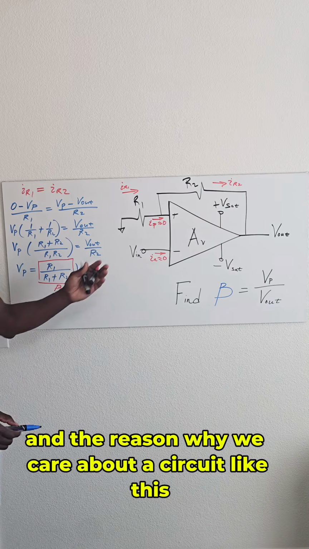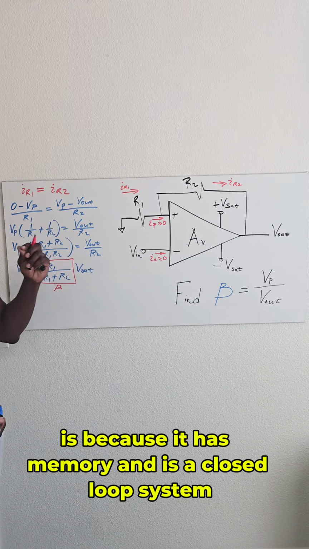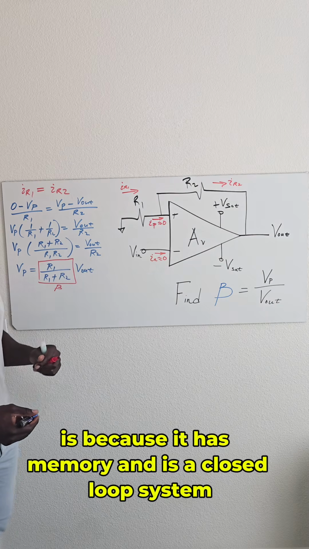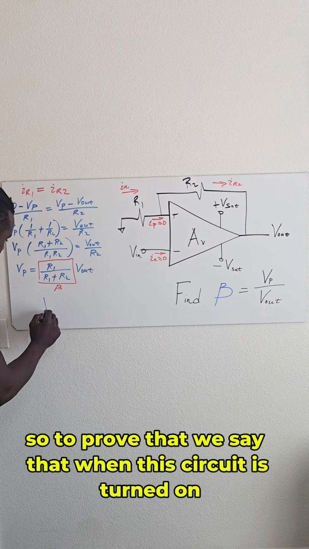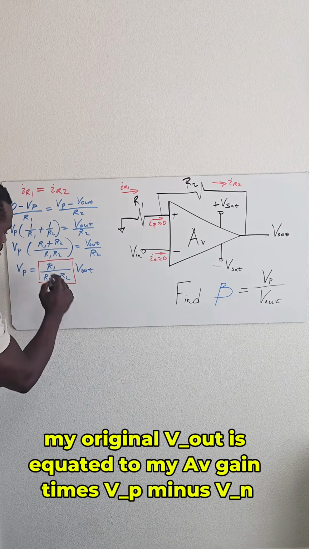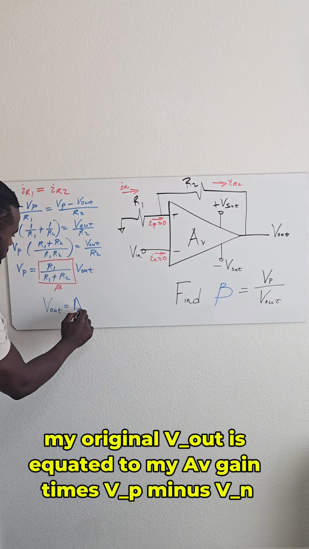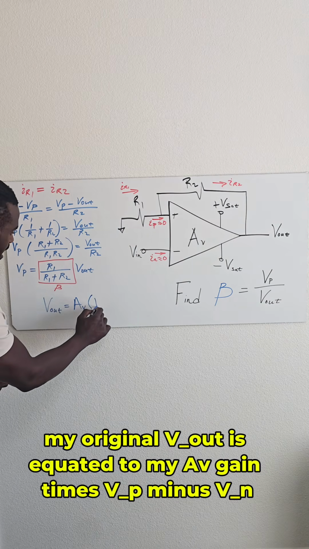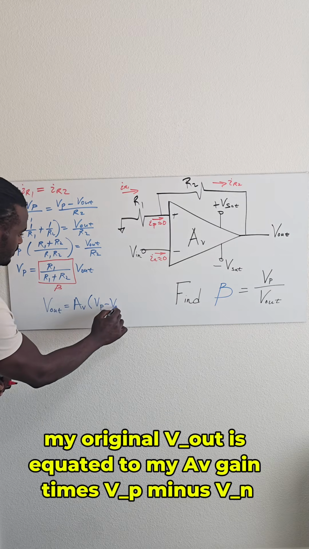And the reason why we care about a circuit like this is because it has memory and is a closed loop system. To prove that, when this circuit is turned on, my original Vout is equated to my AV gain times (Vp minus Vn).